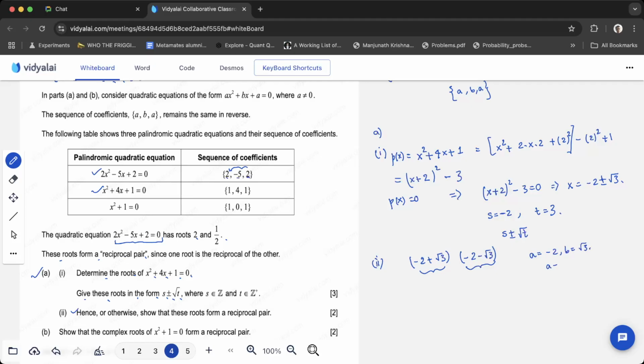So a plus b times a minus b becomes a squared minus b squared, which translates to -2 squared minus square root 3 squared. And this is nothing but 4 minus 3, which is 1. So we have shown that the roots form a reciprocal pair.